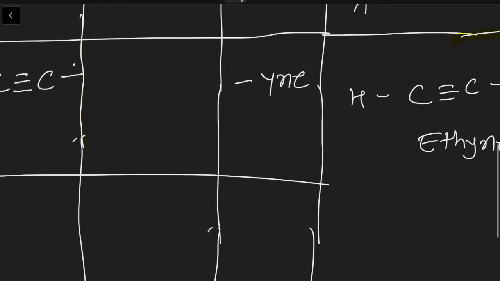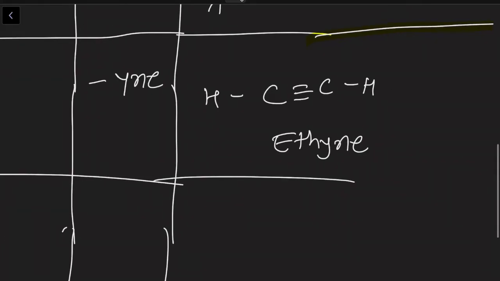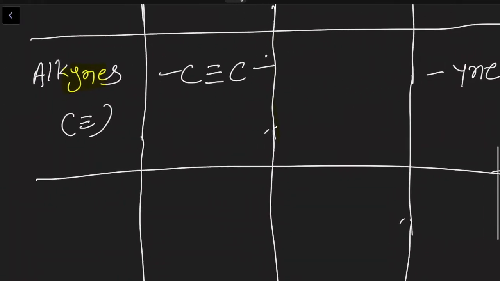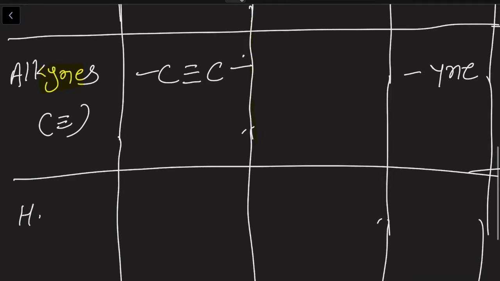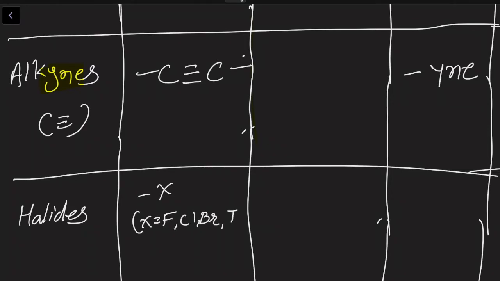All right. The next class we will learn is halide. And halide is represented by X, and X can be fluorine, chlorine, bromine, and iodine.